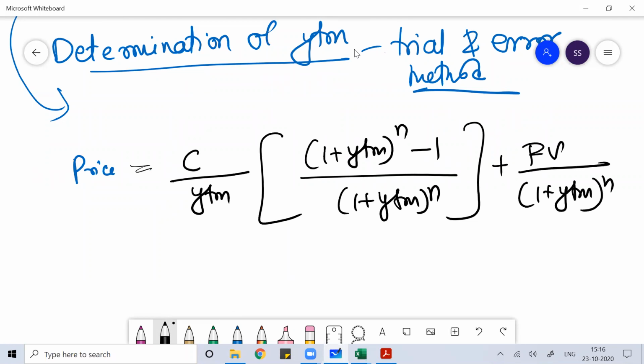So there is no formula to determine YTM directly. The only way to find yield to maturity is the trial and error method.